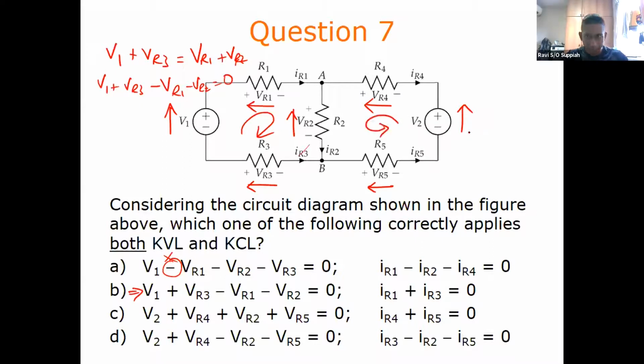The two sources in this direction are V2 plus VR4, and VR2 is opposite, VR5 is opposite, so it equals VR2 plus VR5. Rewriting it, V2 plus VR4 minus VR2 minus VR5 equals 0.